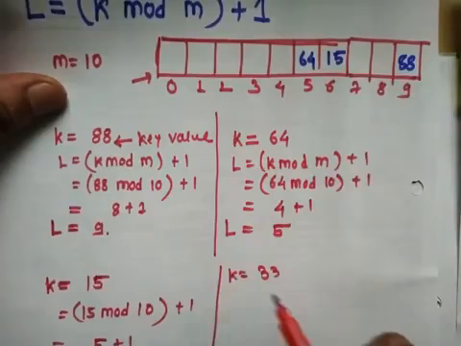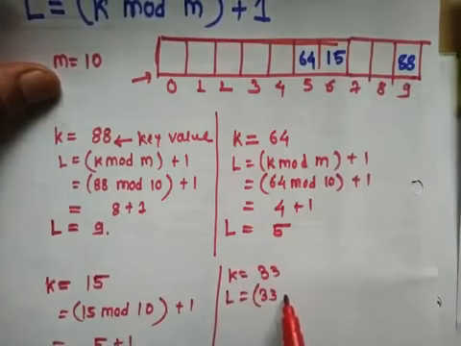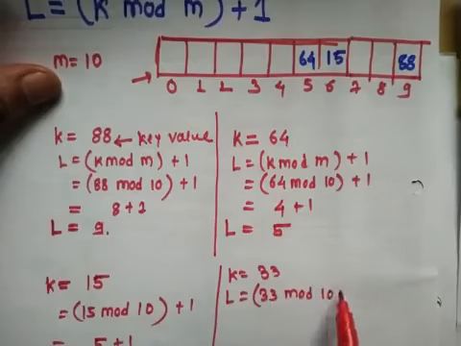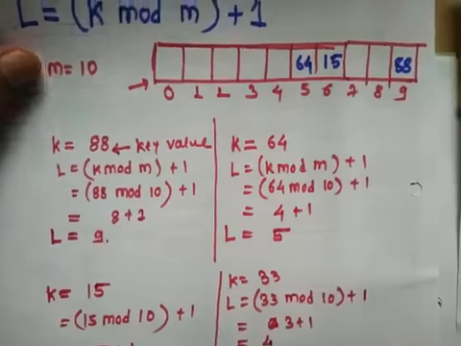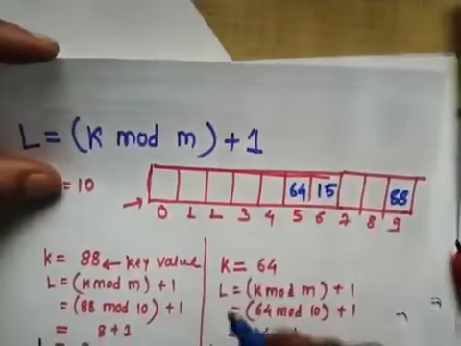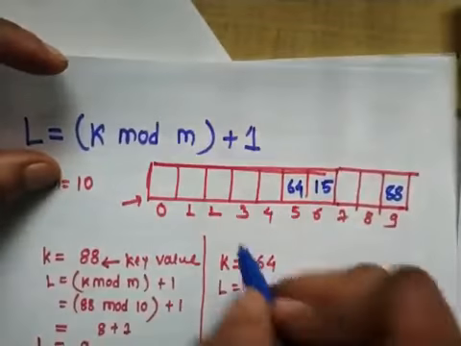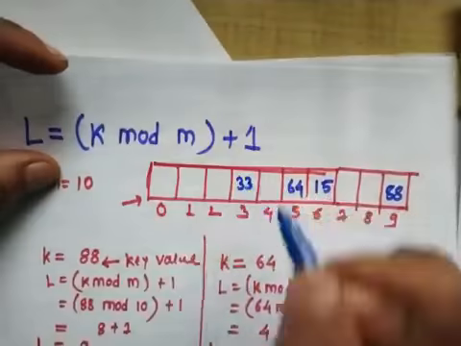Key is equal to 33. So location L is equal to 33 mod 10 plus 1. So this is 3 plus 1, which is equal to 4. So at index location 4, we are going to store the element 33.